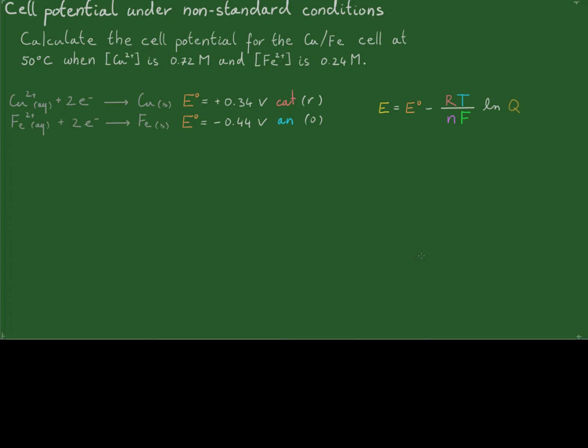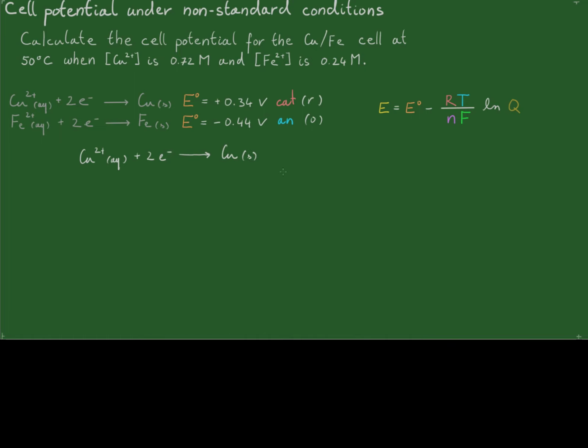Next thing to do, seeing how this is chemistry, is to have a balanced chemical equation. So we need to combine these two half reactions. So the copper half reaction, we have already said, will undergo reduction, which means we can use it as it is written, because it is already written in its reduction direction.